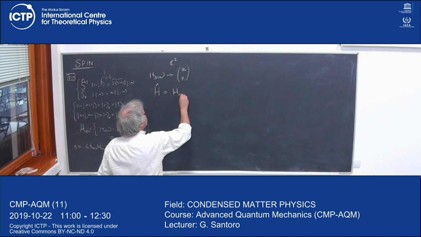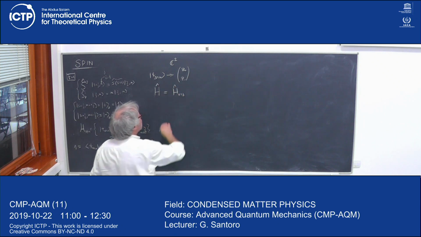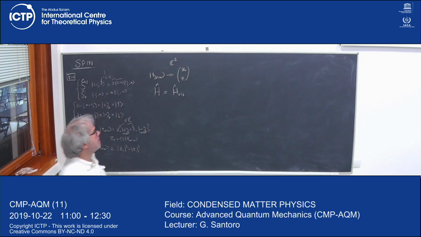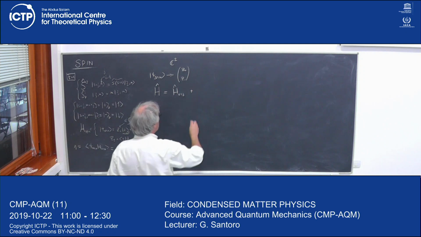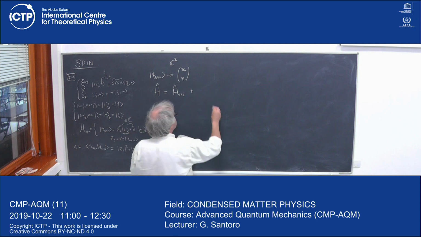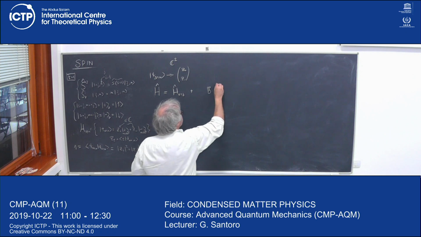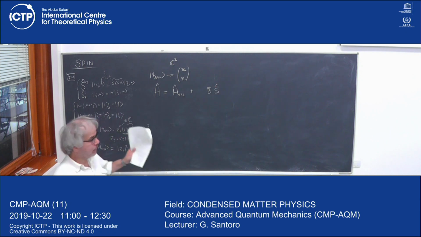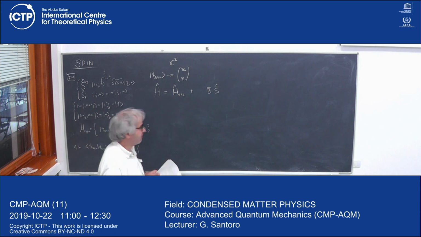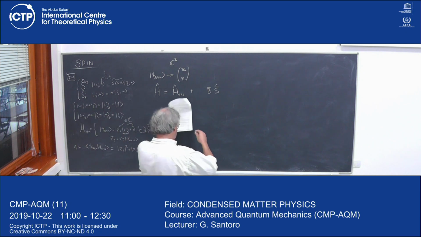Then you might say, I know about the orbital degrees of freedom, but now there is a term that couples essentially the magnetic field to the magnetic moment, and you know that the spin is a magnetic moment. We discussed, it feels the magnetic fields in the Stern-Gerlach experiment.